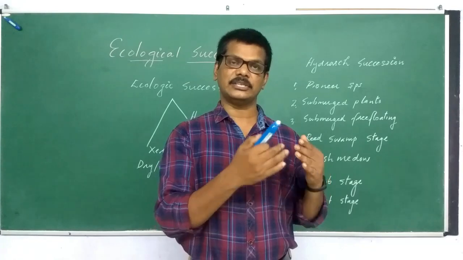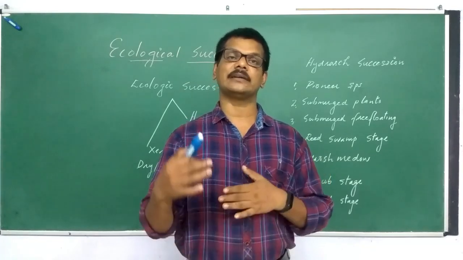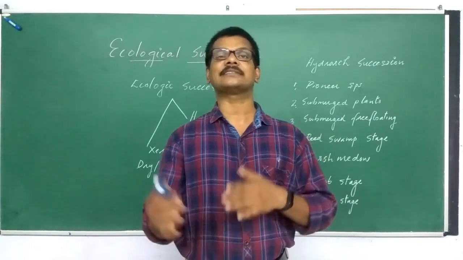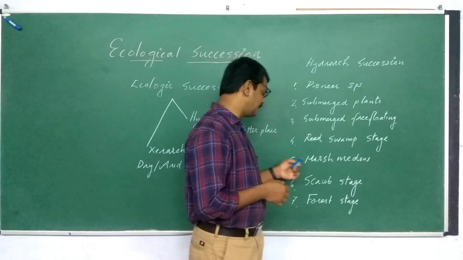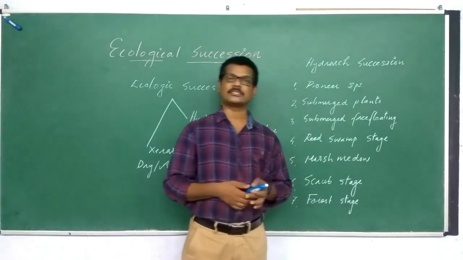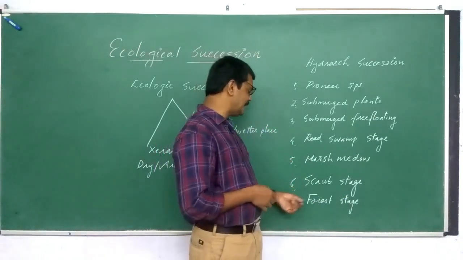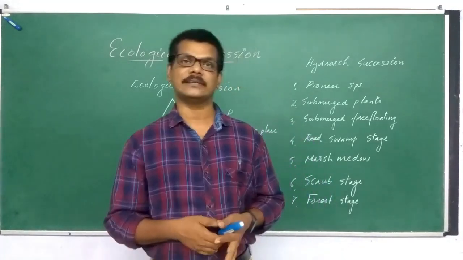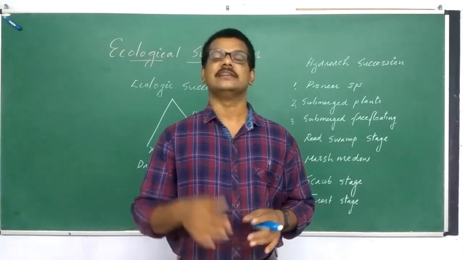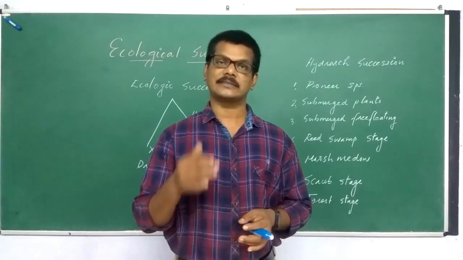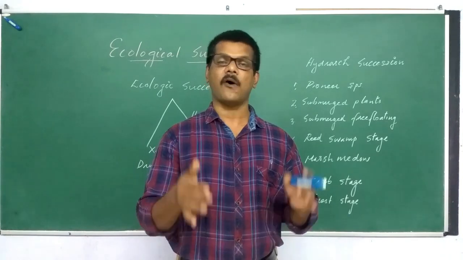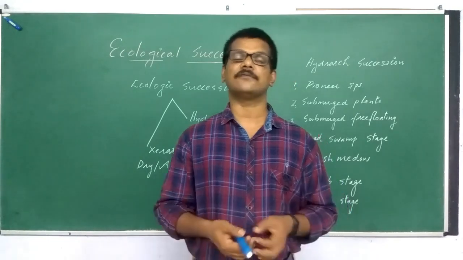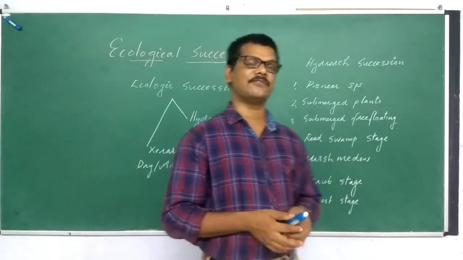So this stage will be replaced by the stable community. It's the final community, or we can say the climax community will arise there, and the climax community is the forest community. And if you are studying the forest, we can see a variety of plants. Some are very tall trees, some are medium sized trees, shrubs and herbs, all plants will be there. And different types of animals are also found in the forest area.